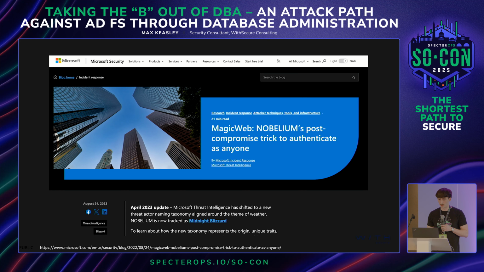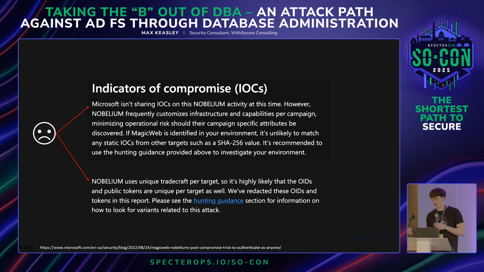However, at a very high level, another annoying thing was Microsoft didn't actually release any IOCs specific to the malware that was used in this intrusion chain. They didn't provide any hashes or samples, but they did provide some extremely low quality blurry screenshots of dnSpy decompilation, which was fun to try and implement myself.